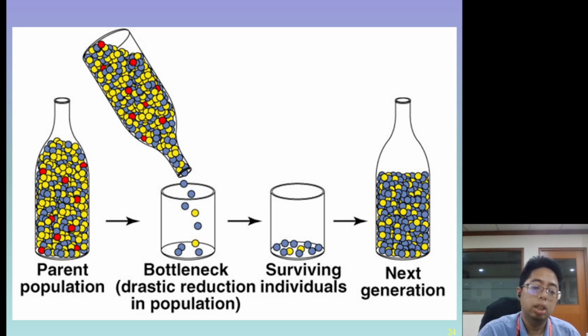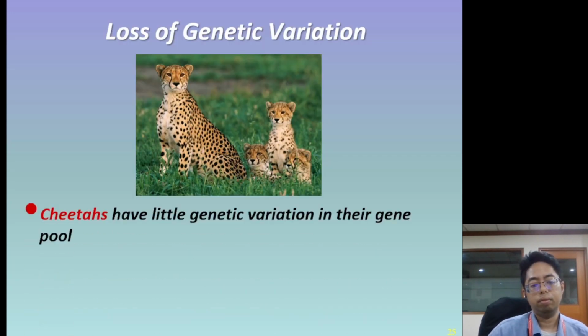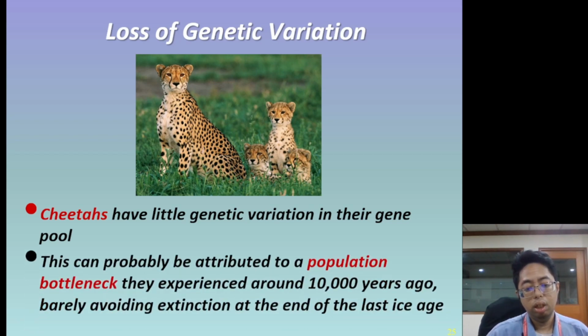So in the next generation, the population has totally shifted to many blues, some yellows, and no reds, because these are the survivors. Loss of genetic variation: cheetahs have very little genetic variation in their gene pool. This can probably be attributed to a population bottleneck that they experienced around 10,000 years ago. They barely avoided extinction at the end of the last ice age.